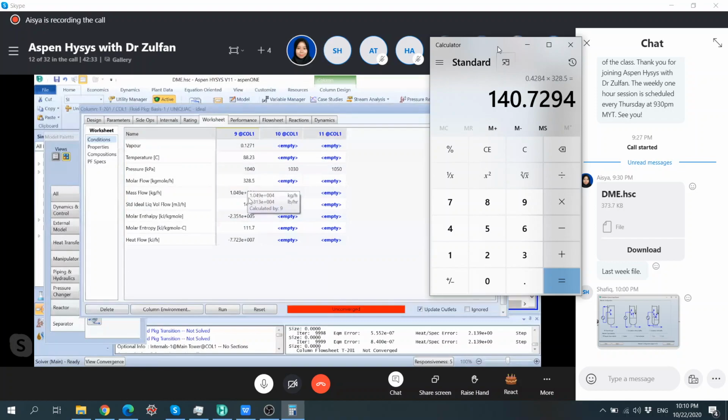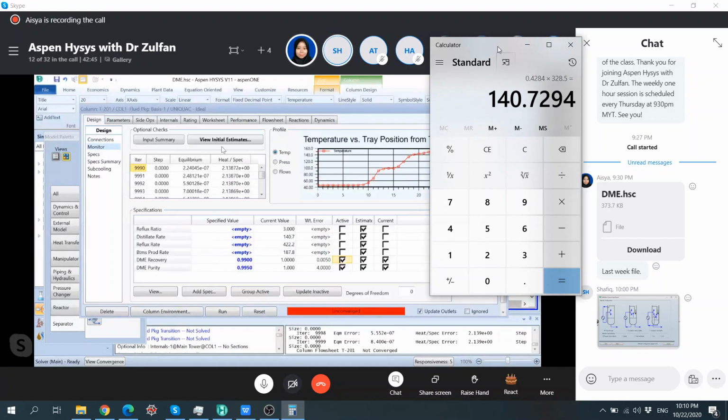It's 140.7. Right, 140.7. So you go back to that design and then go to the monitor. See, if we recover the whole DME, like in this case, the distillate rate is 140.7, exactly the same as 100% DME recovery.